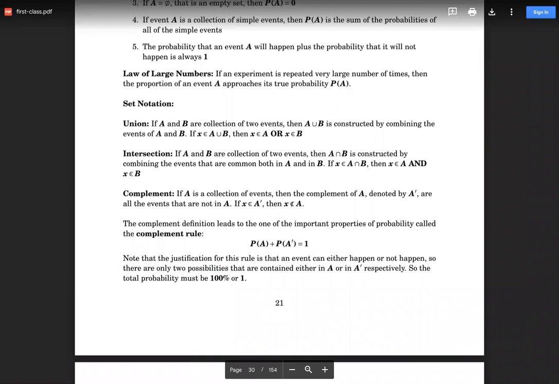So if X is a random variable and it represents the outcome of a coin toss, let's say 0 is head, 1 is tail. So X could be either 0 or 1, but you will not know the value of X until you toss the coin.